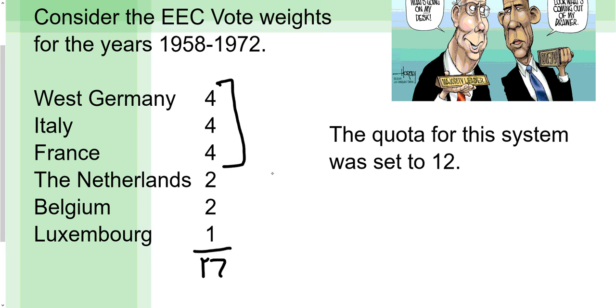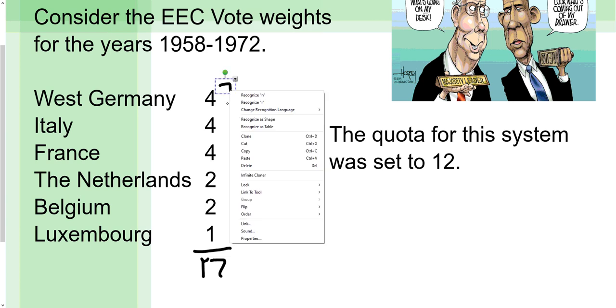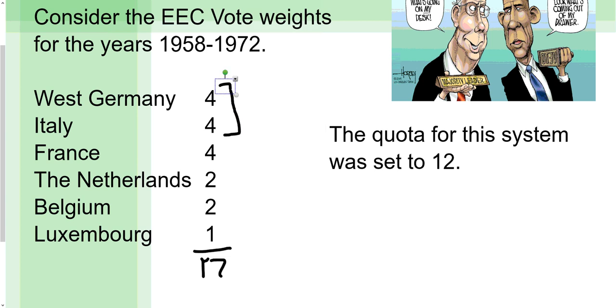So if all 3 big countries agree, then good. We're good, right? It passes automatically. But what if they didn't all agree? So one situation that can occur is if 2 of these 3 agree, right? So let's say 2 of these 3 agreed.